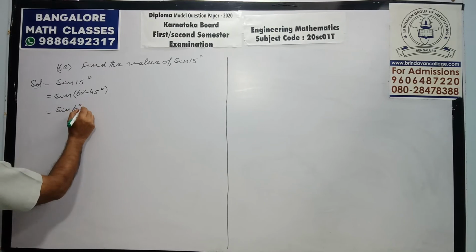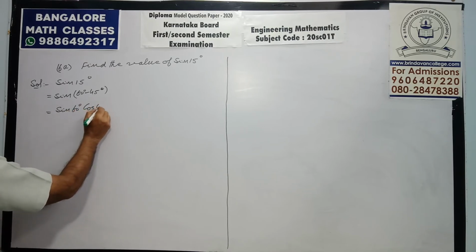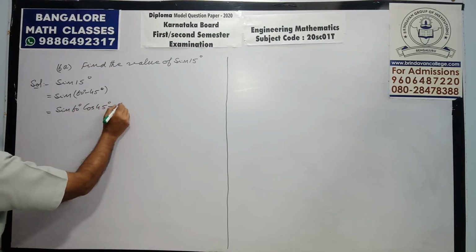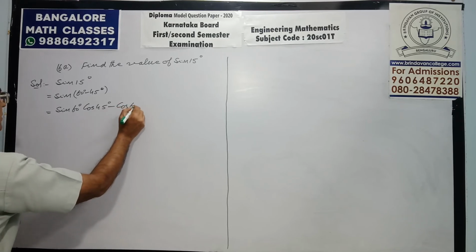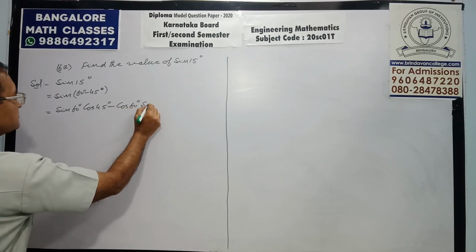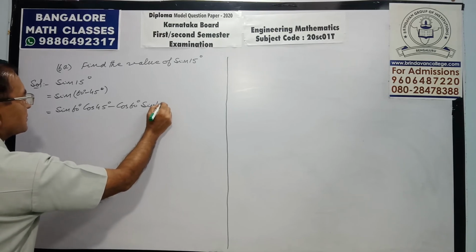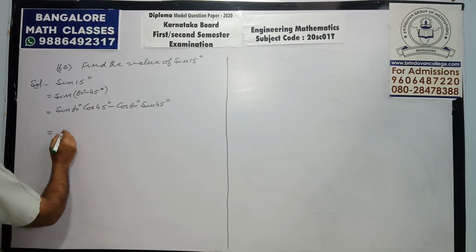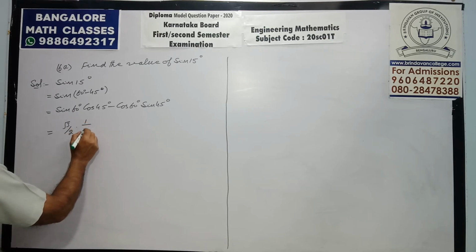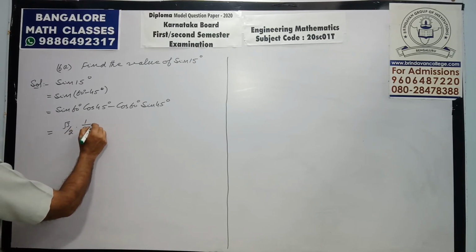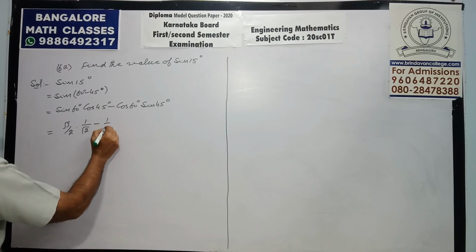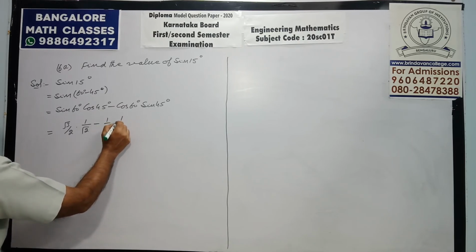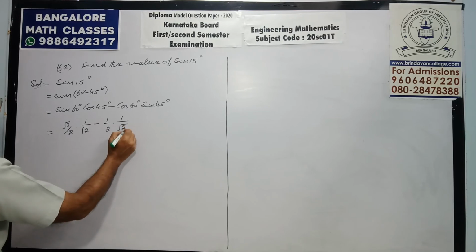Sine A cos B minus cos A sin B equals sin 60 root 3 by 2, cos 45 1 by root 2, cos 60 1 by 2, sin 45 1 by root 2.